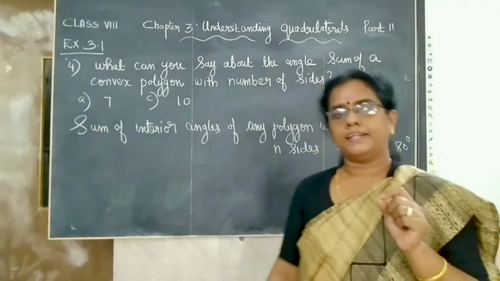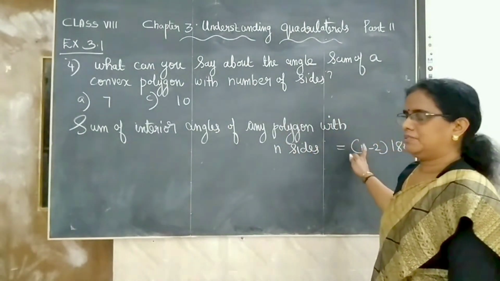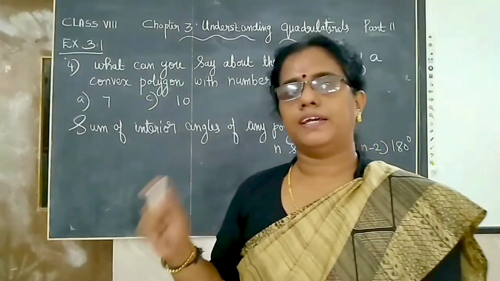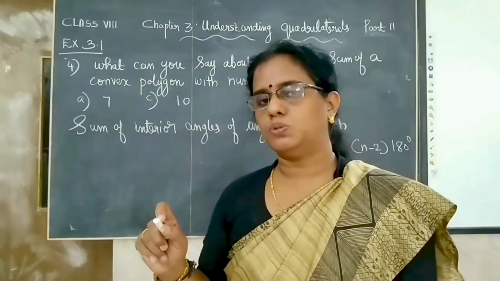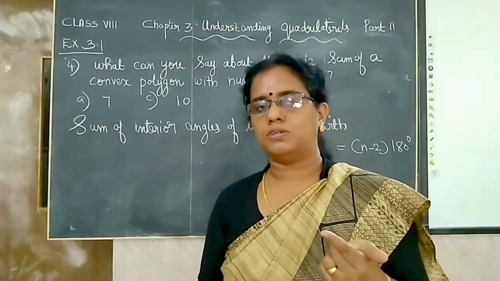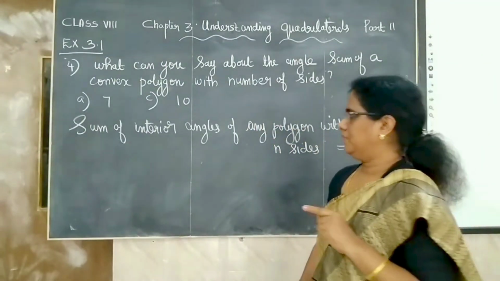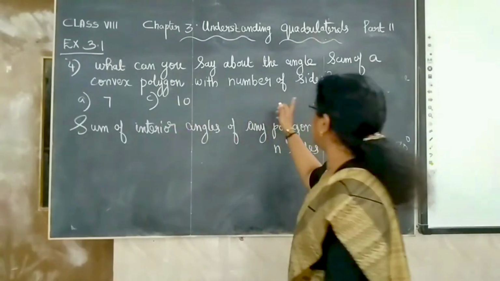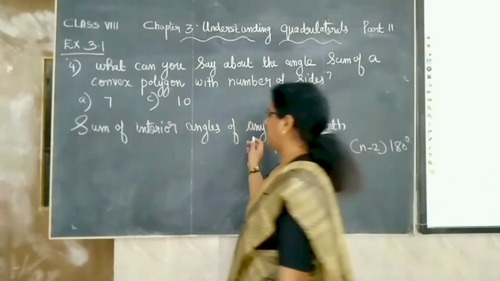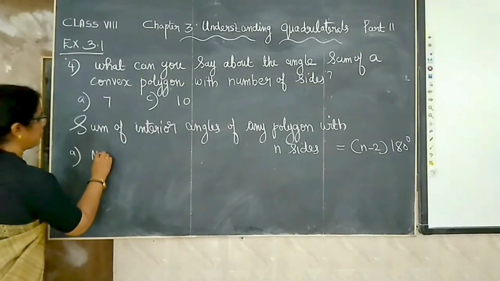If you know the number of sides, you can find the sum of interior angles of the polygon. So here, in the first case, the number of sides given is 7. So you can write the first answer.